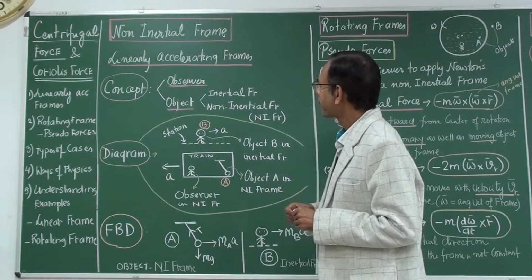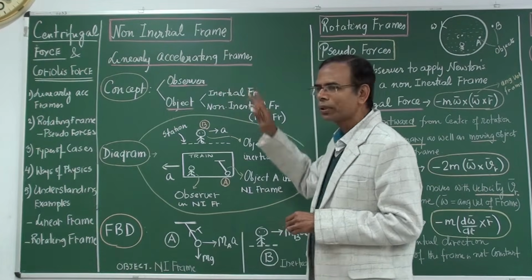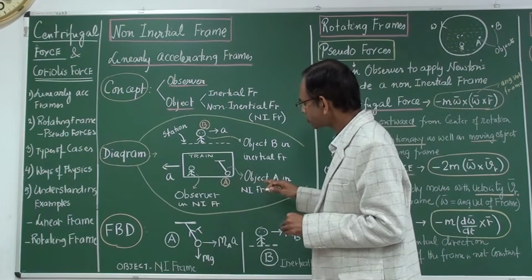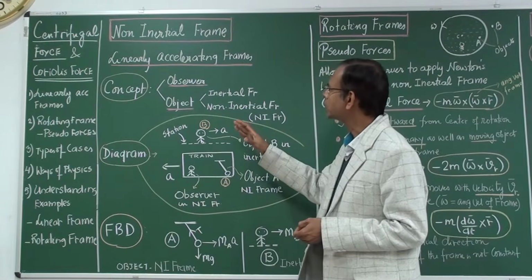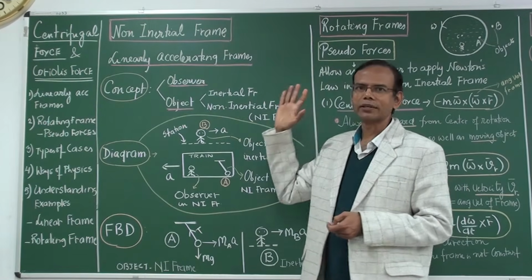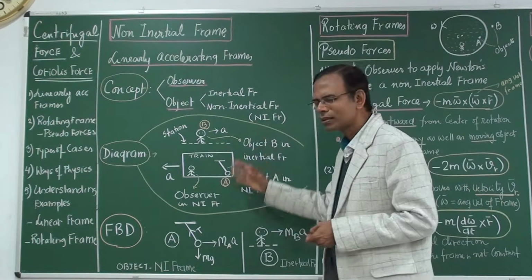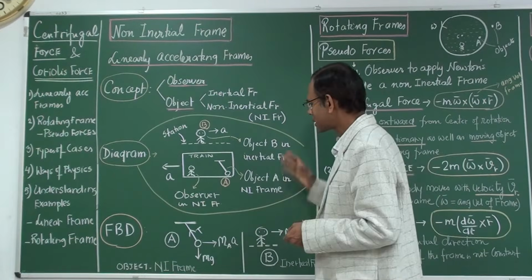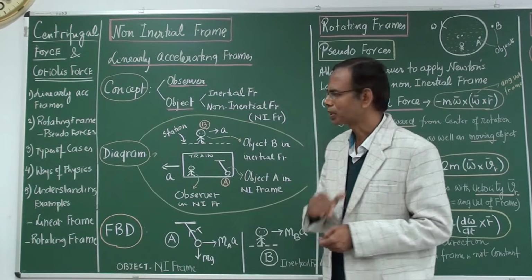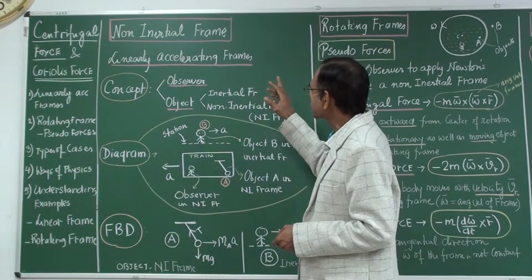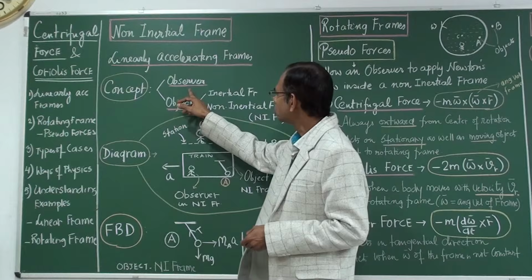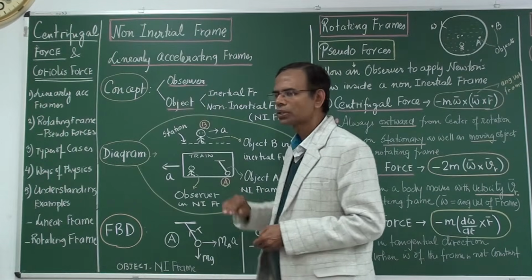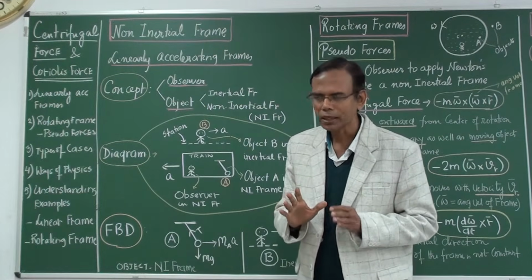So let us see. First of all, let me tell you briefly what you have already studied, how we deal with the linearly accelerated frames, the general concepts and the mathematics and formulas dealing with it. Before we go into the diagram, let me tell you 2 concepts, and they should be clear.